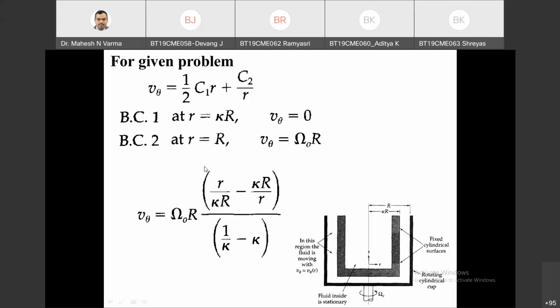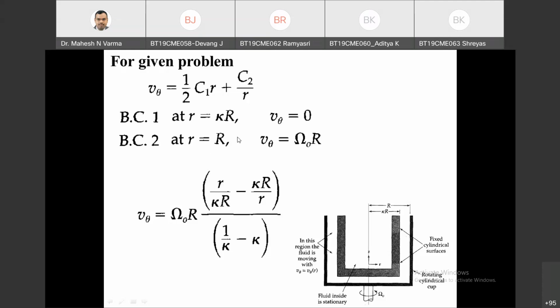Now see, r equals kappa R. So here I will substitute r equals kappa R. So kappa R divided by kappa R, here also I will get kappa R divided by kappa R. 1 minus 1 will be equal to 0 and v theta will be equal to 0.